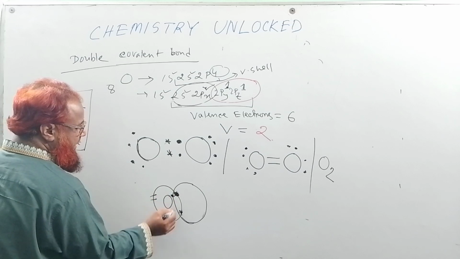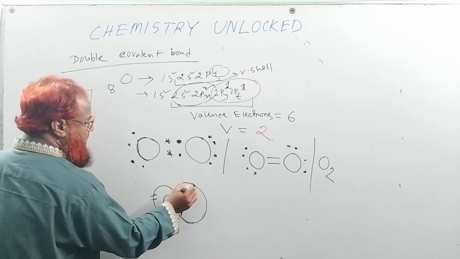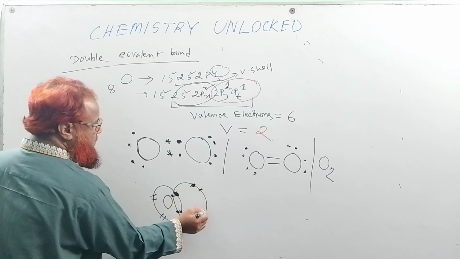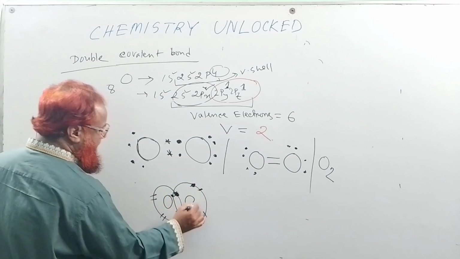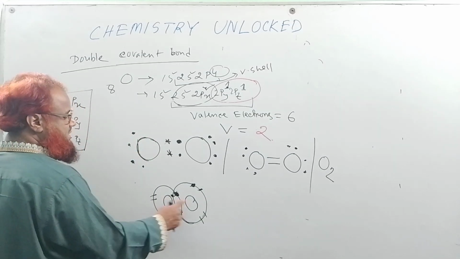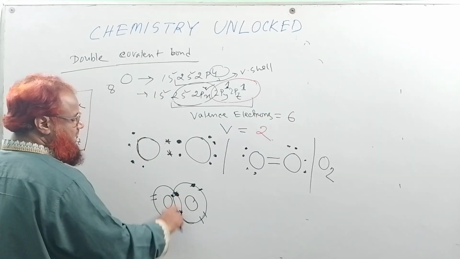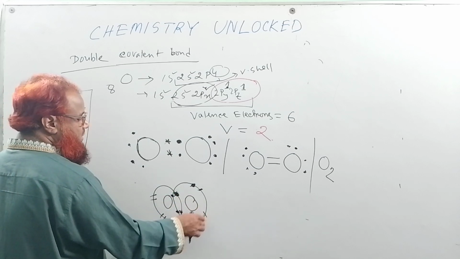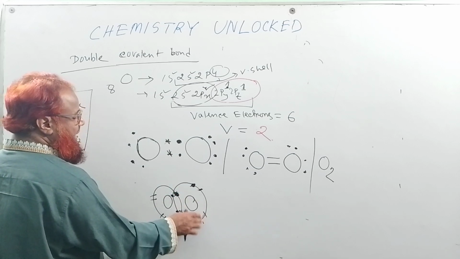So here that will be paired, and here that will be paired, and here 2 pairs of electrons as lone pairs like this. So this is the oxygen nucleus, this is the oxygen nucleus, this is a covalent, this is another covalent, that is a total double covalent bond, and there are 2 pairs of electrons in a single oxygen atom as lone pairs.